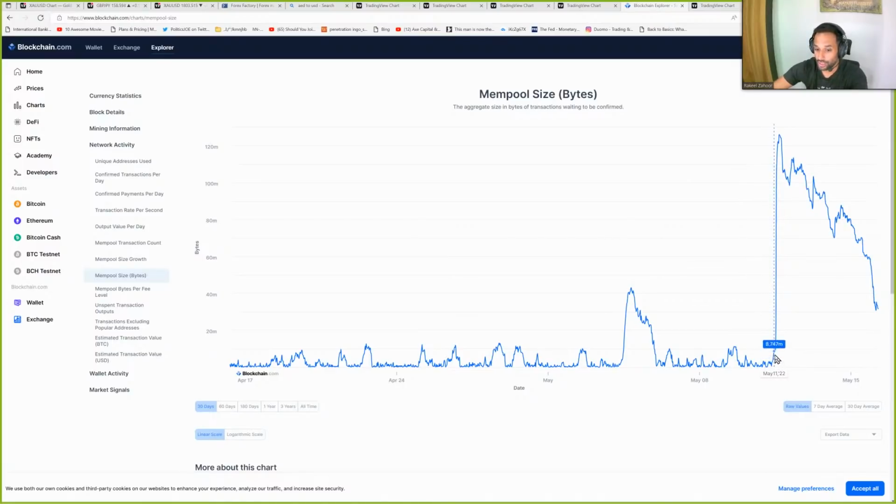Look at the amount of transactions that were waiting to go through the blockchain. 125 million transactions. Well, I'm not sure what this bytes is, but I'm going to say 120 million. That's a lot of transactions waiting to go through. And now we're coming down slowly here. Things are getting normal, right? So this is what caused a lot of delays in Bitcoin transactions.